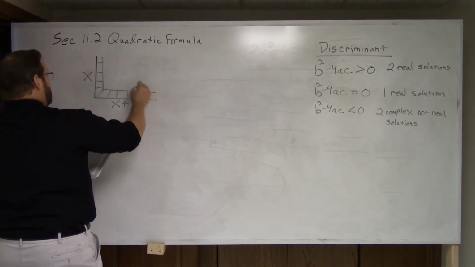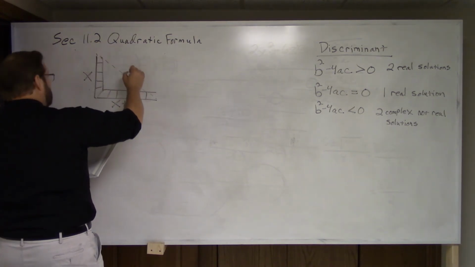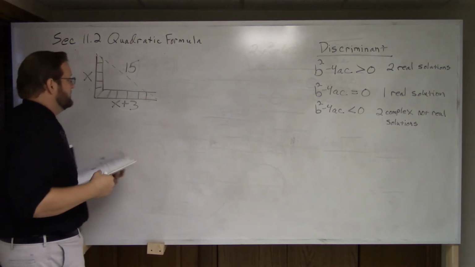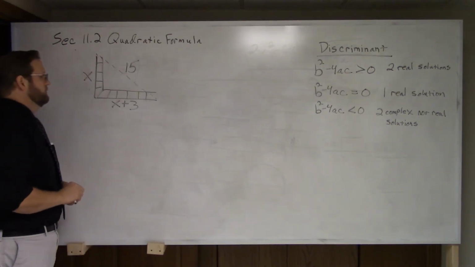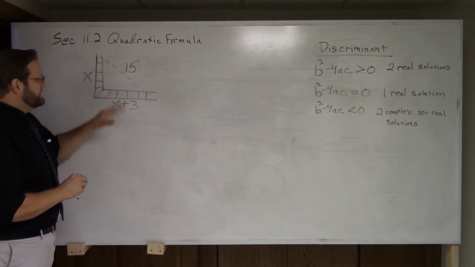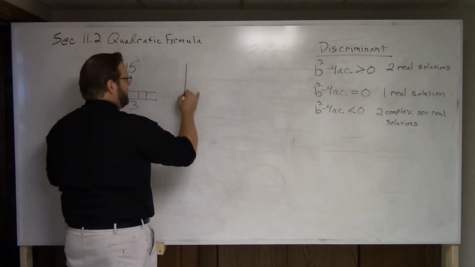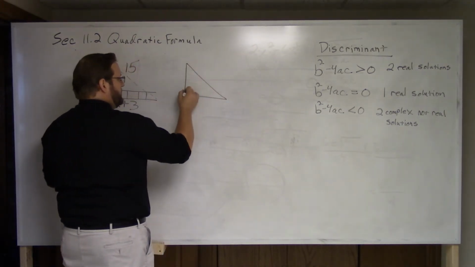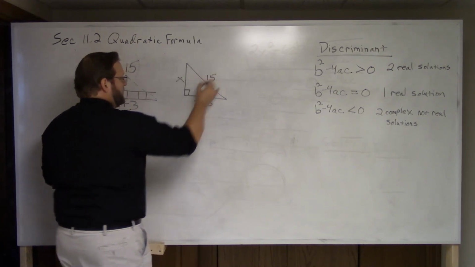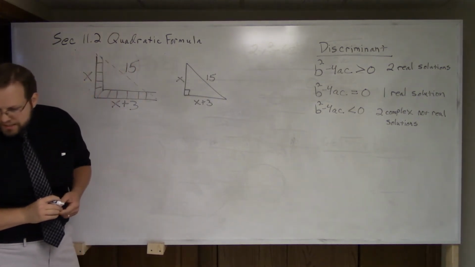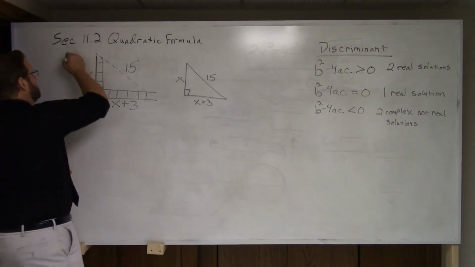And then they want to know when you cut across, that's 15 feet. Okay? So, yes, we have that sidewalk, but essentially what we have is a right triangle with x plus 3 here, x, and 15. Okay? Now again, this is practice 6.